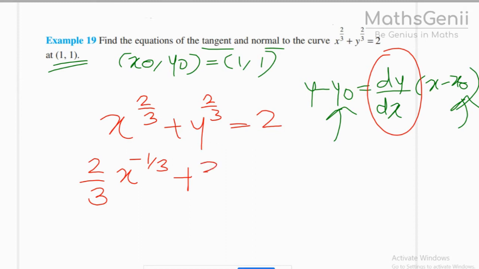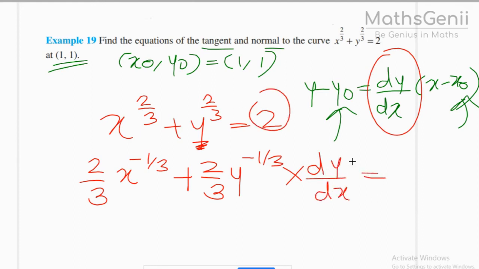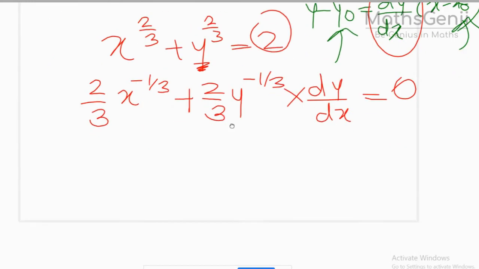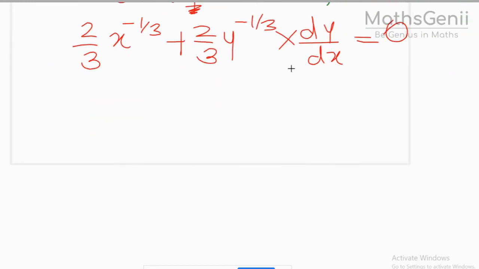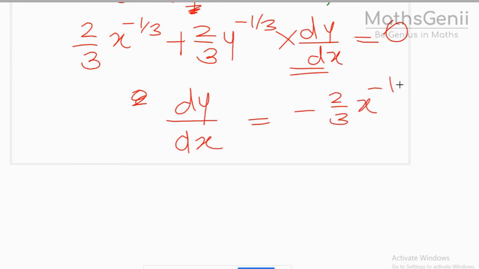First I will calculate it in the same way as I've calculated this, but here you don't have x, here you have y, so you will have to write dy by dx. Then what is the derivative of a constant? 0. Then I want to find dy by dx, so I will isolate it. This will go to that side and become minus. This is in multiplication, will go to this side and come in division.